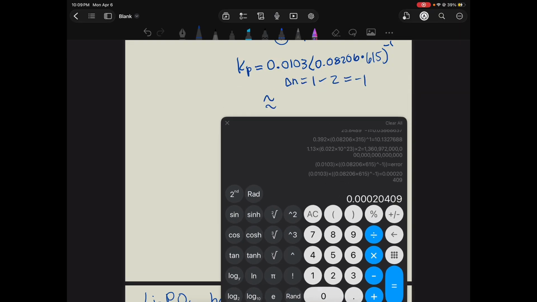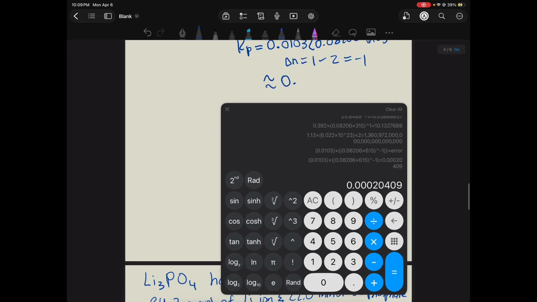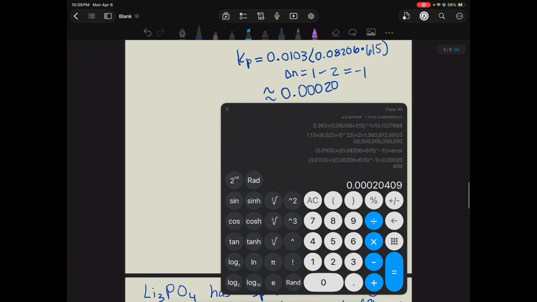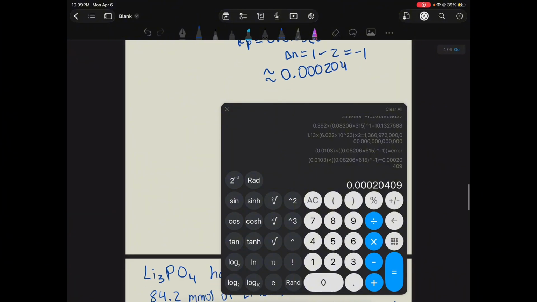And then we got our Kp value as 0.000204. And then it would be 3 sig figs.